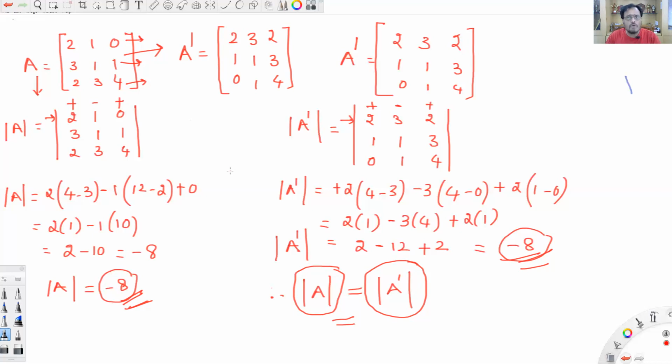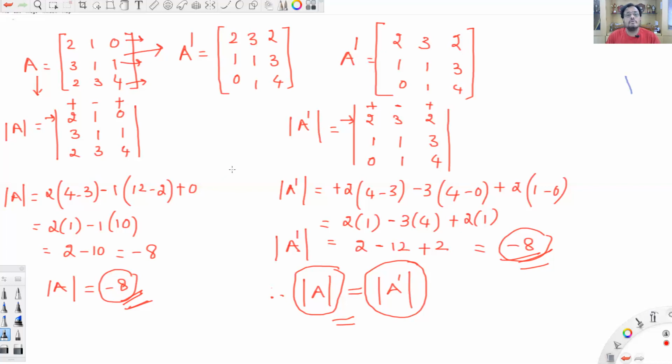Or the value of any determinant remains the same if the rows and columns of a determinant are interchanged. This is the first property we are going to learn.